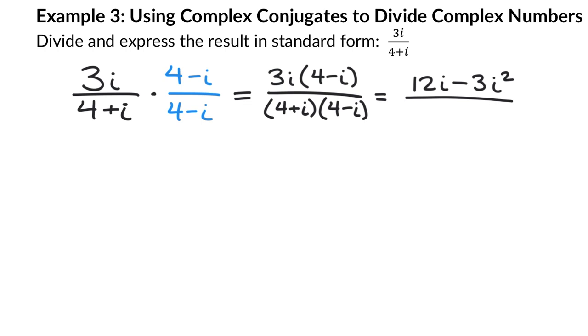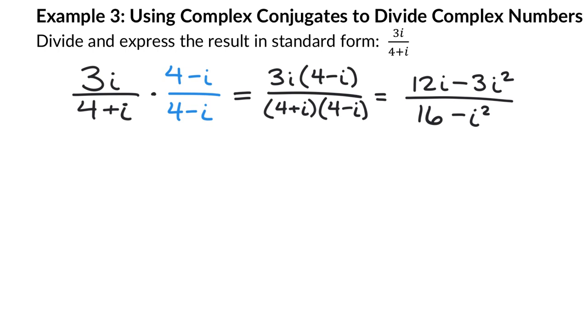And I'm going to leave it like that just for now. I know you can probably see what's happening next. In the denominator, this is the difference of two squares that I'm multiplying together, which if you can take the shortcut, what that means is you square the first terms, 4 times 4 is 16, and you multiply the last terms. i times negative i is negative i squared. The reason we get to skip the middles is because they eventually cancel each other out. You'd end up with positive 4i and negative 4i. If you don't remember that, again, if you just straight up FOIL, you get to the same place.